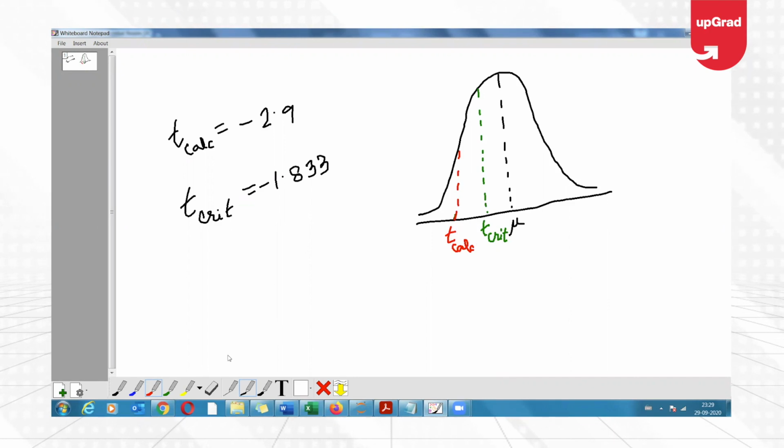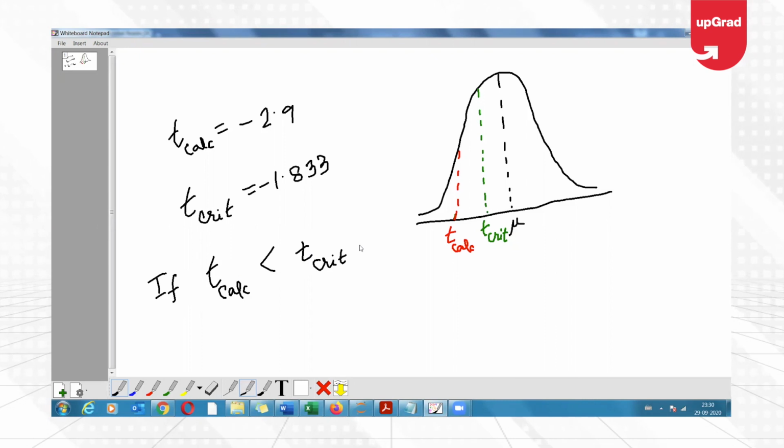So in this case, the thumb rule which we will follow is, if T calculated is less than T critical, then reject H0.